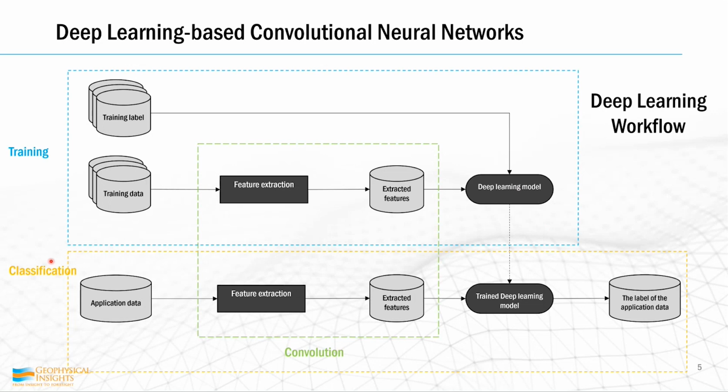In classification, we only need to input the application data, and it will go through the same steps and generate the label of the application data. In fault detection, this label of the application data will be the fault probability corresponding to this application data.